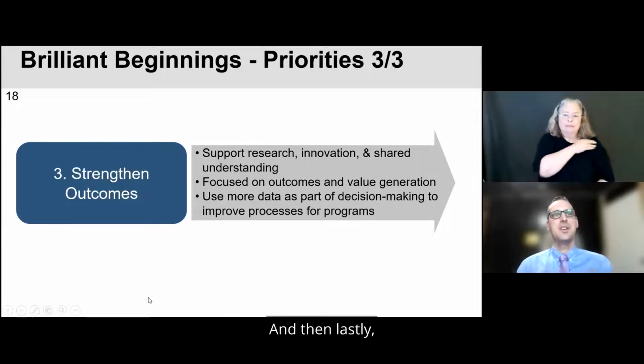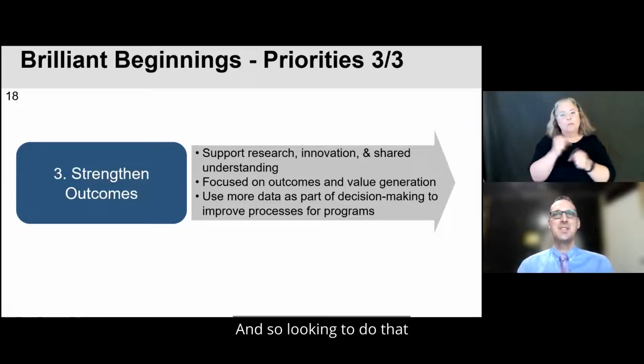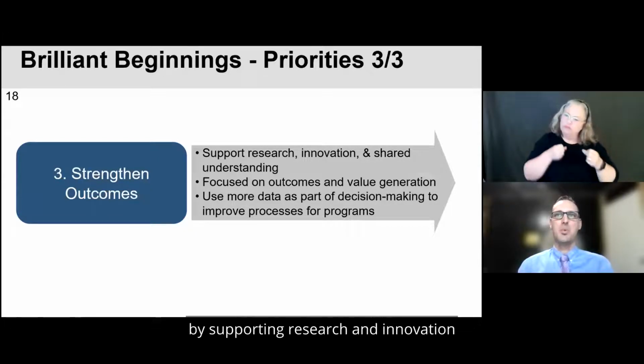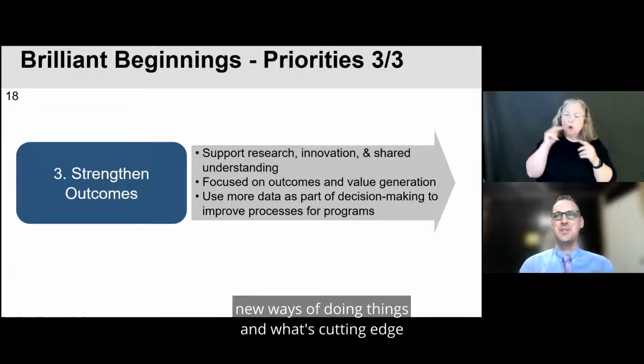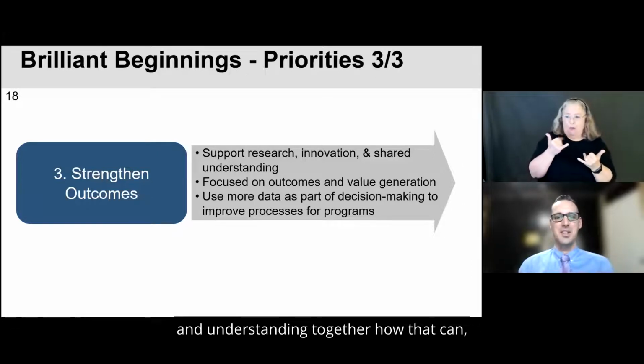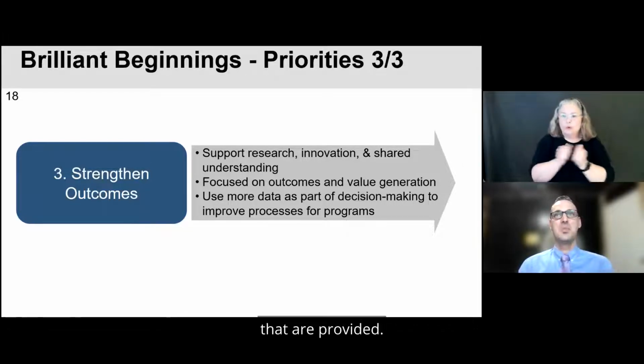And then lastly, our third priority is to strengthen outcomes. We look to do that by supporting research and innovation and shared understanding. So looking at new ways of doing things and what's cutting edge, and understanding together how that can work together with all of the services that are provided.